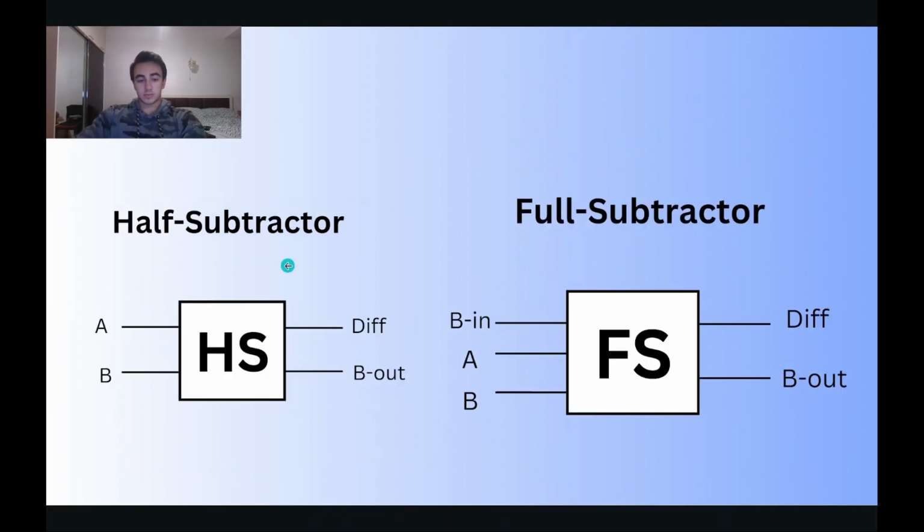Let's also denote the half subtractor this way: it takes two inputs, the digits, and gives two outputs, the difference and borrow out. The full subtractor gets three inputs. It takes into account the borrow that was produced in the previous operation and also outputs two values, difference and borrow out.